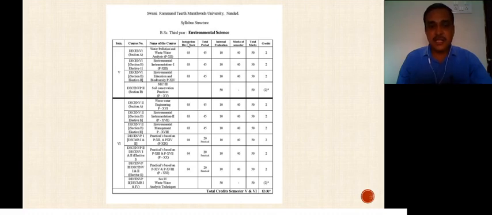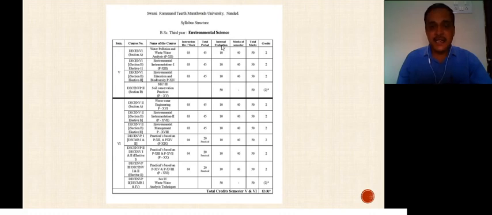Then instruction hours per week, that means the periods or lectures allotted for this particular paper, then total periods for the completion of the syllabus of this paper.